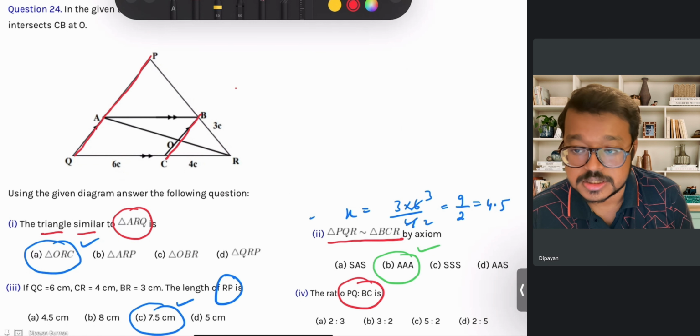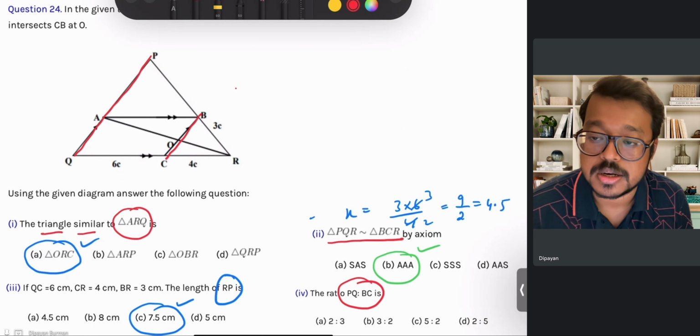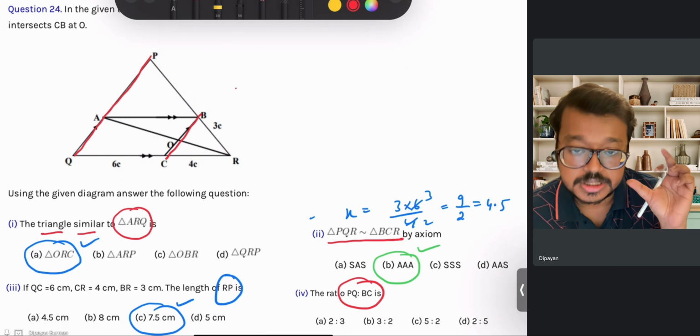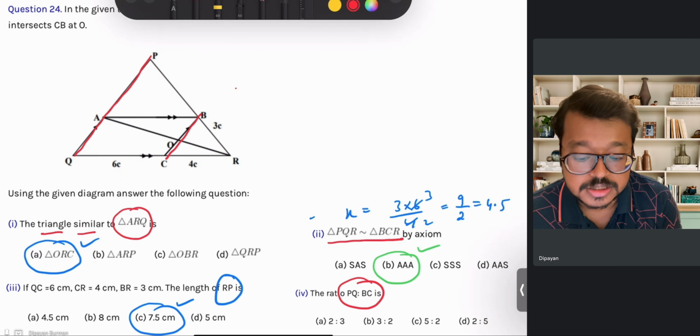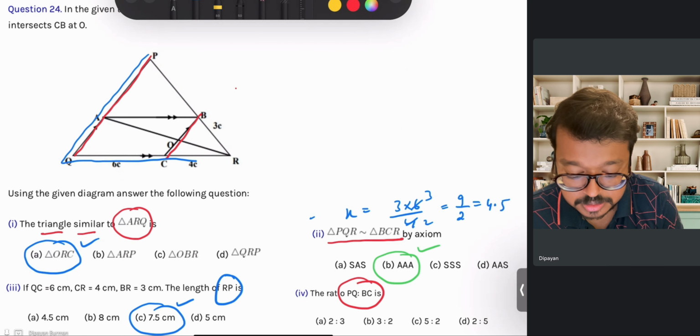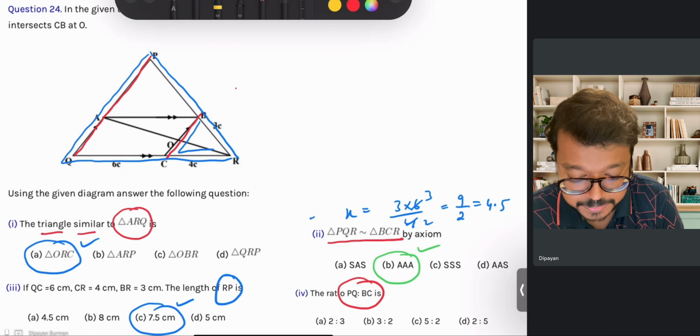They're asking what is this ratio. Now we can answer this question by looking at a pair of similar triangles. So these two lengths are part of two triangles. Which are those triangles? The larger triangle PQR and the smaller triangle BCR.